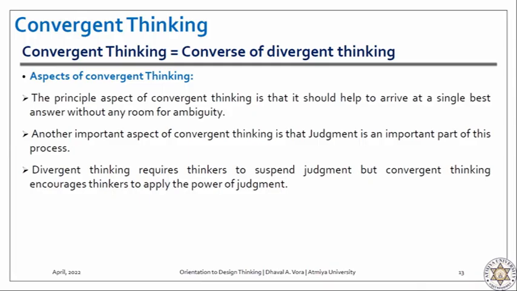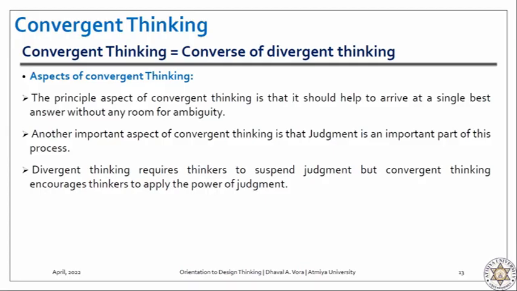The solution is one only, but you may have different ways to understand it. That kind of ambiguity should not be there. When you have the solution, the possibility of it being understood should be one only. So it reduces the confusion.